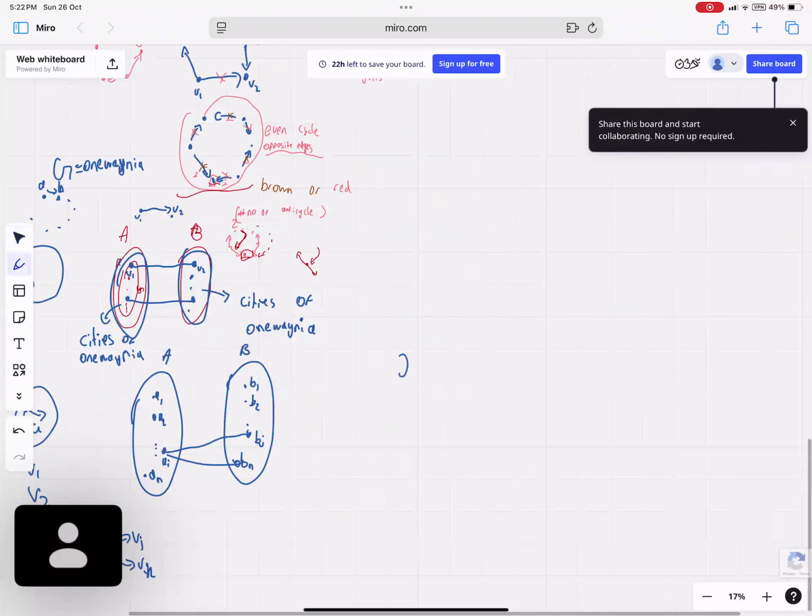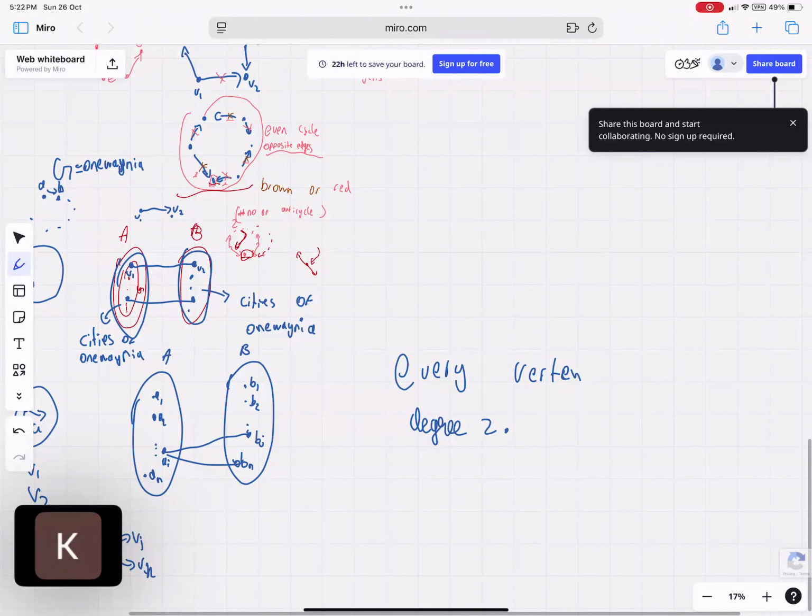Now every vertex has degree 2. What can we say about a graph in which every vertex has degree 2? There is a cycle. We can say something stronger than there is a cycle. It is a union of cycles. Yes, a union of disjoint cycles.